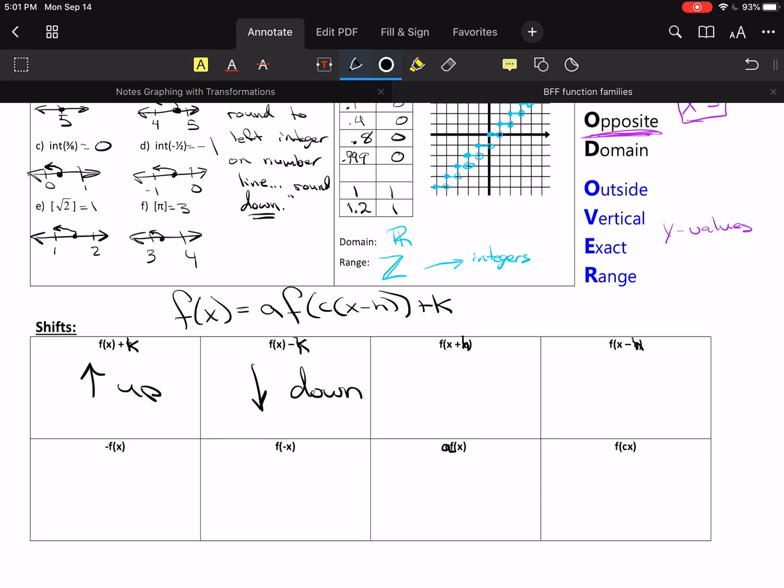Okay. Now, these two are inside the function, so h is always the opposite. So if it's x plus h, that really means h is a negative number, and I'm going to shift left. X minus h means h is positive, so I'm going to shift right.